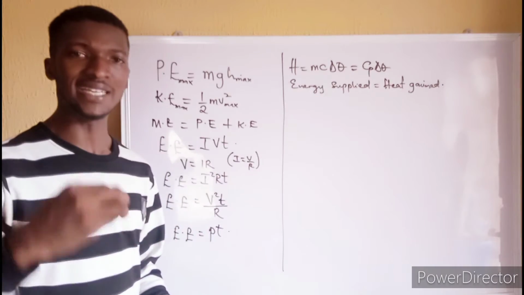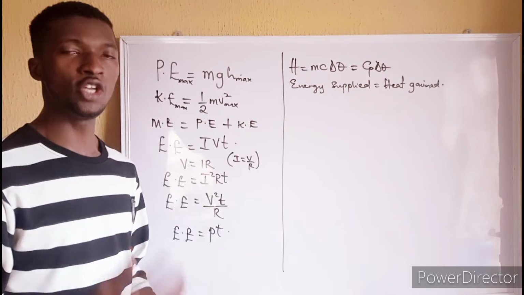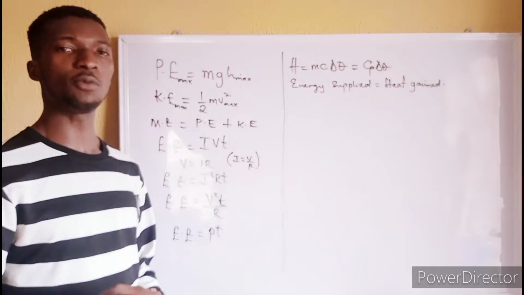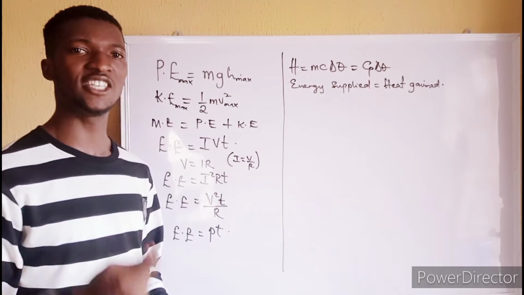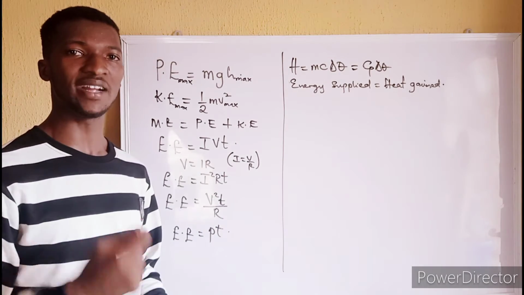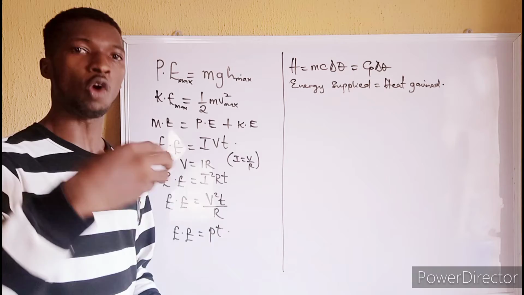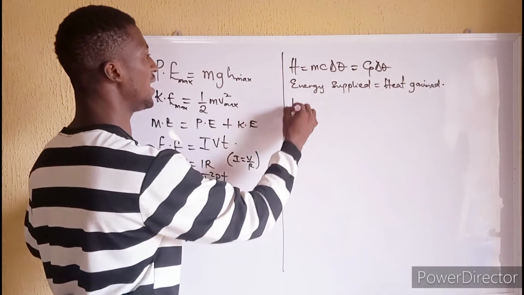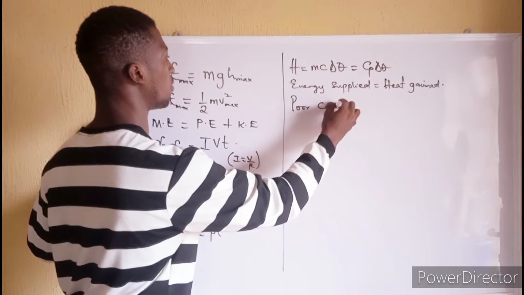When the container is a poor conductor, you don't need to consider the heat energy gained by it, because the poor conductor will not share the same initial and final temperature with what you have inside it.